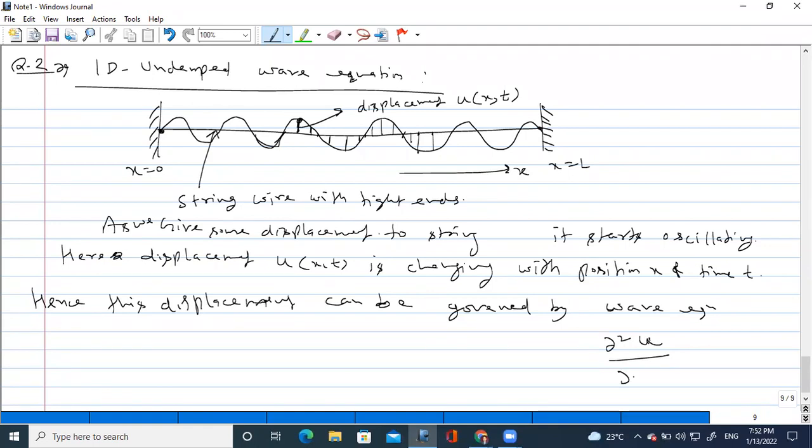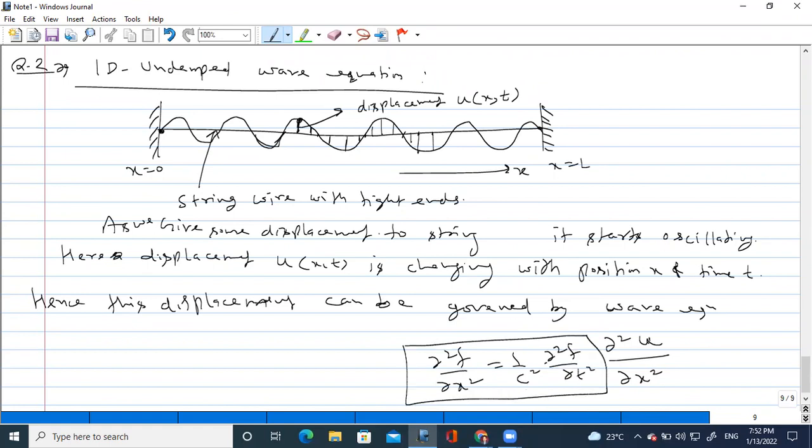Suppose this is a function which is making a wave. We used del 2 f over del x square equal to 1 by c square into del 2 f over del t square. Remembering this equation? So this is the same wave equation.